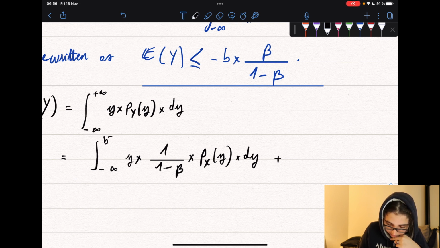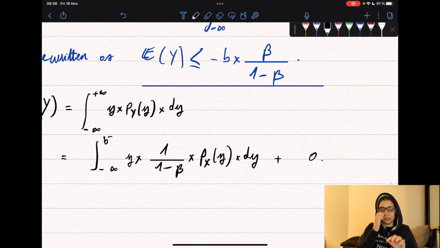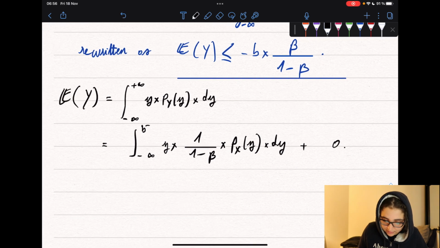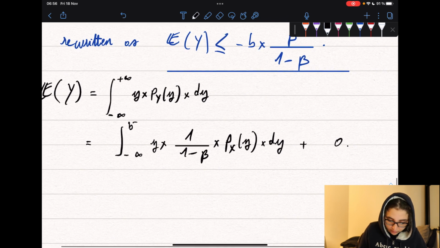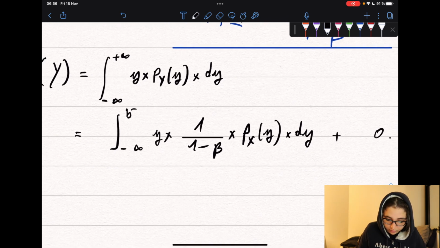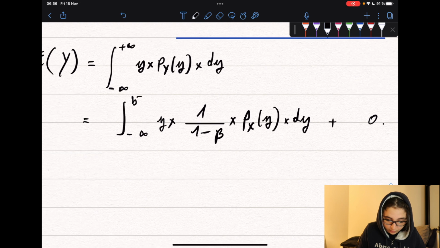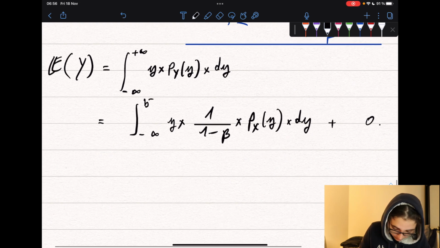We're just going to write it down here so that we don't forget that this is a special case, because the probability density function is 0 on the other interval we're integrating over.